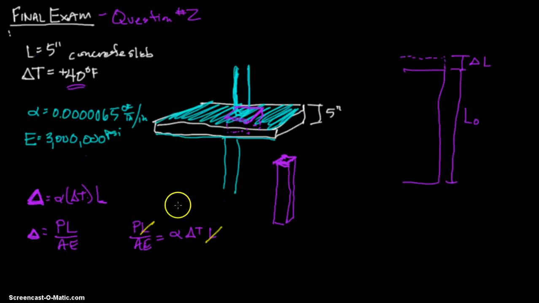Then you get stuck and say, oh shoot, we have the coefficient of expansion, we have delta T, and we have E, but we don't have P over A. Well, that is actually what we're solving for. This is why I thought it was a difficult question: it asks, if the movement is restrained, what is the internal stress developed in the concrete?